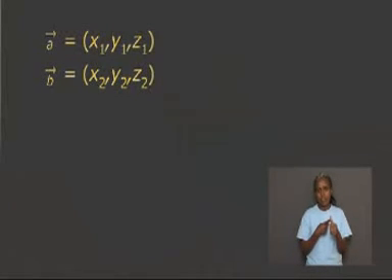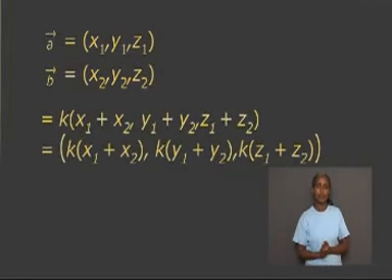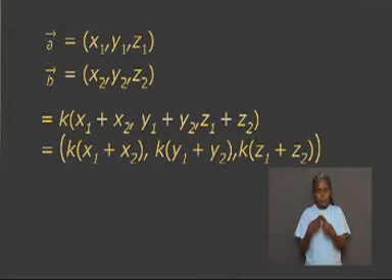First, let us assume that vector A is located at coordinates x1, y1, and z1, and that vector B is located at coordinates x2, y2, and z2. If we multiply these coordinates by k, these are the results.